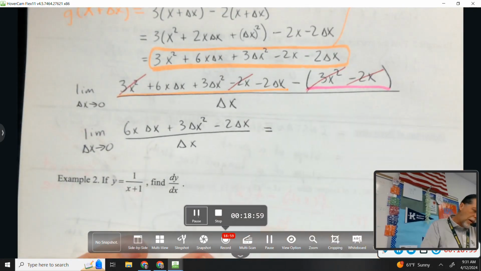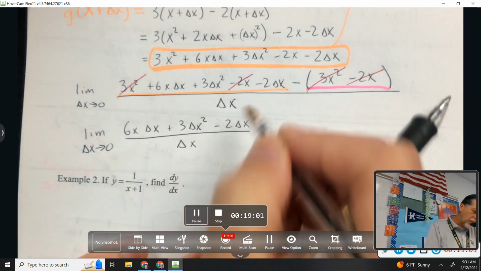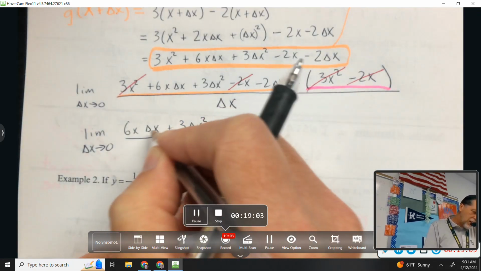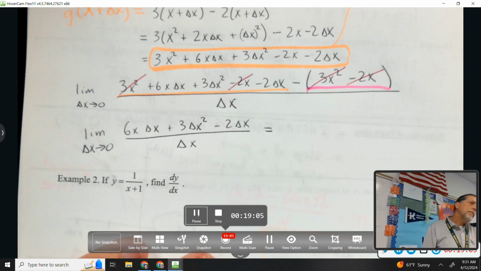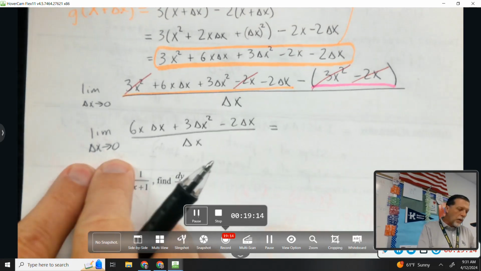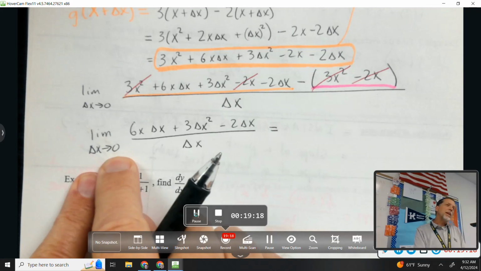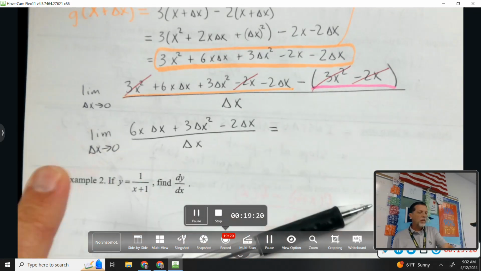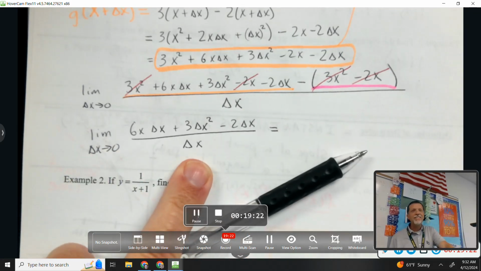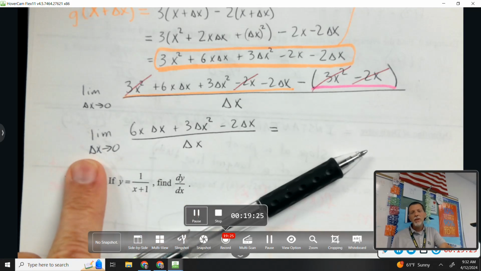I'm going to guess you're probably comfortable with canceling with each of those. What's that? Yes, but that's a good question. Wouldn't it make it a hole? But we're doing the limit as delta x approaches 0. So yes, there'd be a hole where delta x is equal to 0, but the limit means we don't care that there's a hole there.